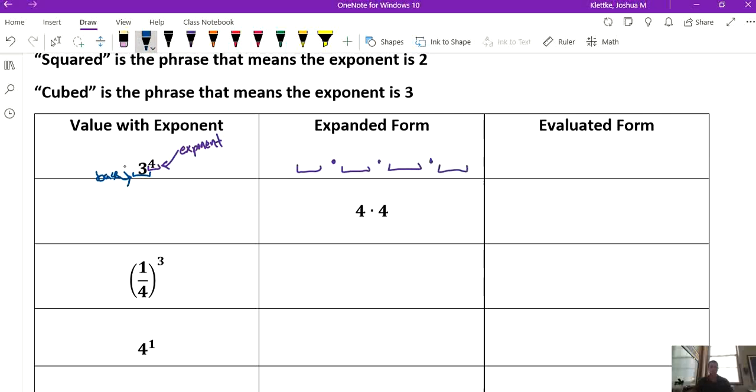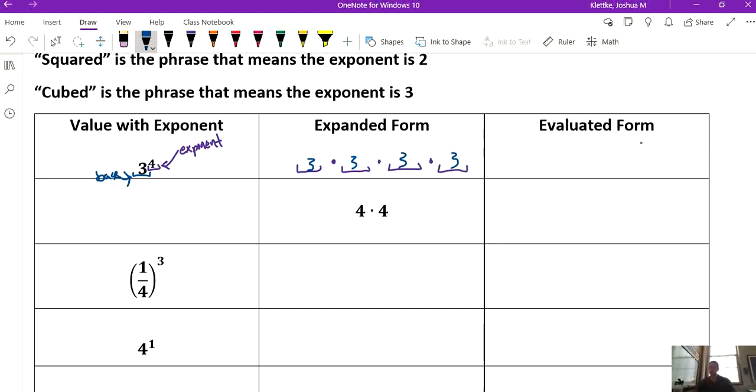With exponents, it's repeated multiplication. So to figure out what number goes in these 4 spots, we look at the base. The base is 3. So that means this is 3 times 3 times 3 times 3. And there we have expanded form.